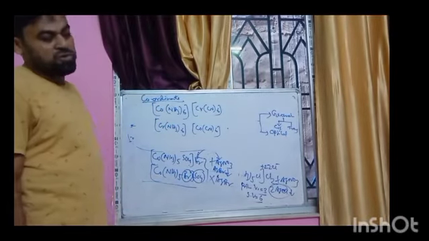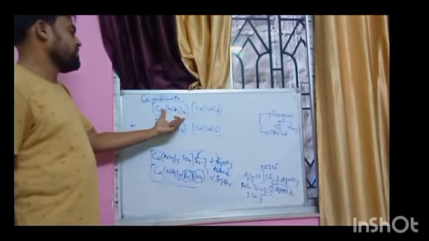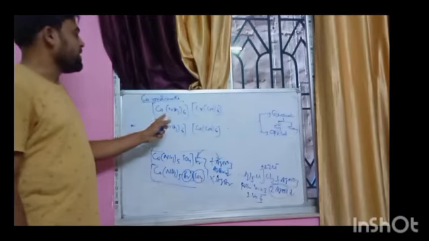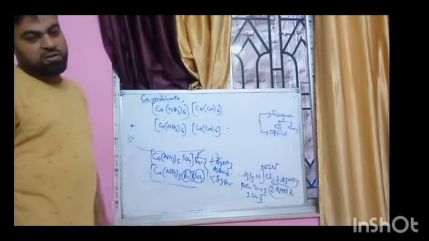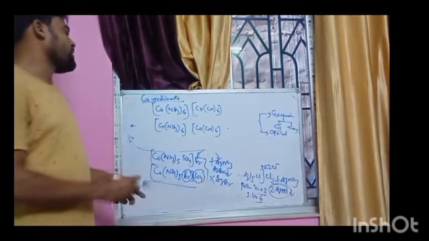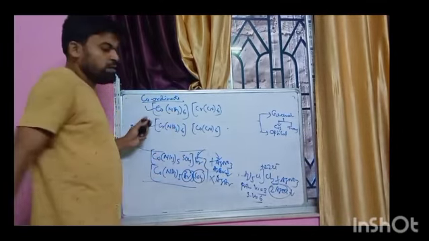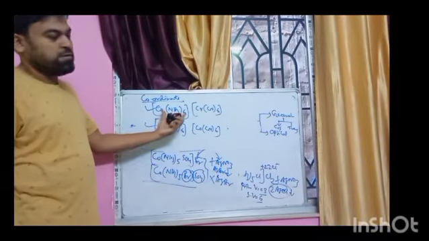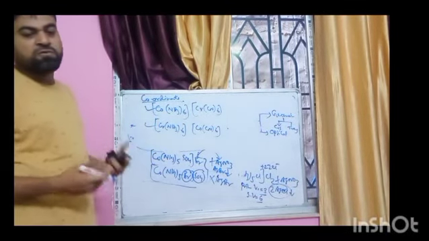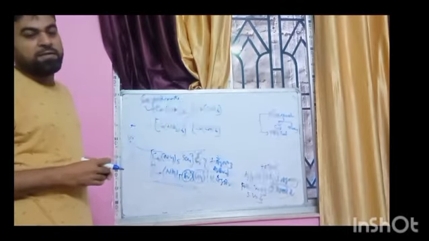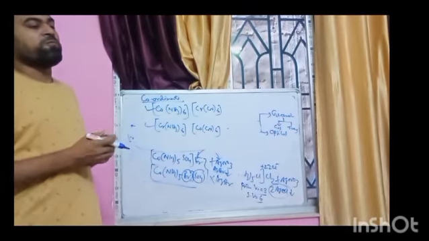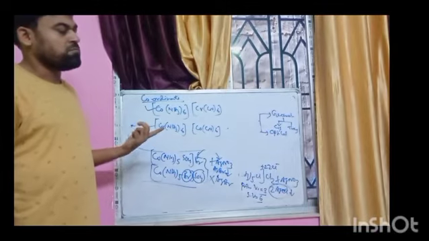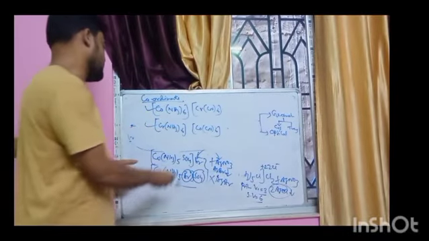Here the central metal ion changes, and the cations and anions are exchanged. These types of isomers are called coordinate isomers. In the exam, different types of questions come where two or three isomers are mentioned, and you have to explain what type of isomers they are, coordinate, hydrate or linkage isomer, etc.